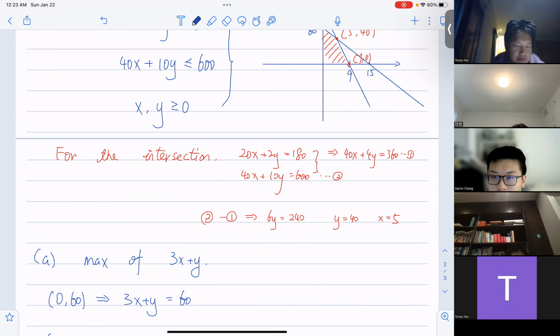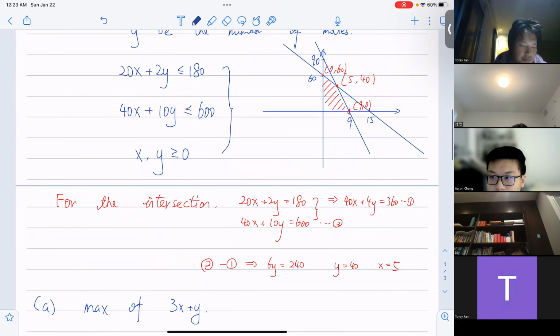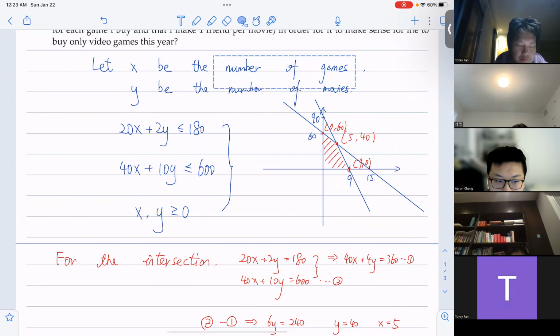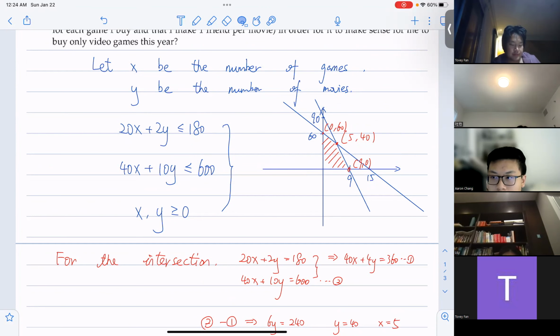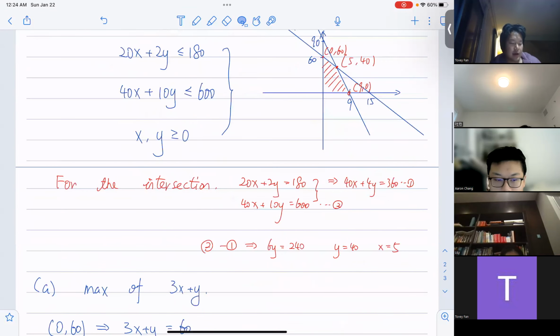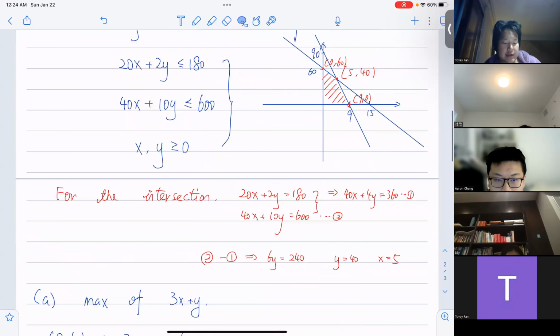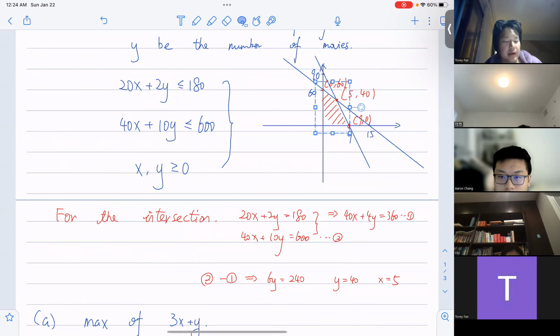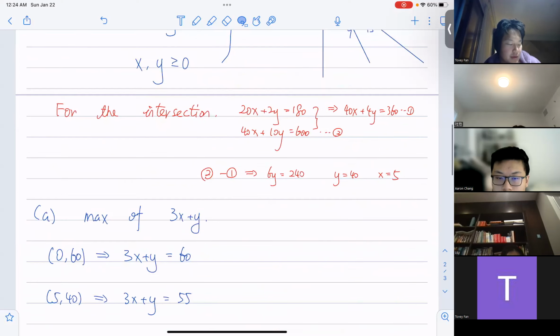Basically, everything's restricted, because the number of games and the number of movies are restricted by your time and your money, right? So that's why we try the 3 intersection points. And 3x plus y is also restricted. Because the whole region is enclosed, the maximum or the minimum value of anything must exist.